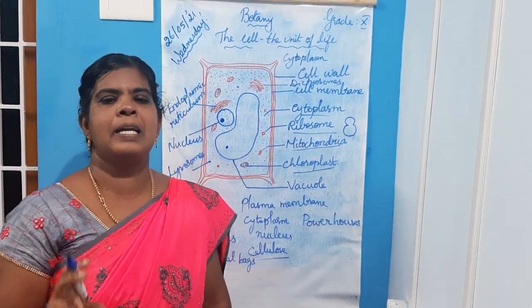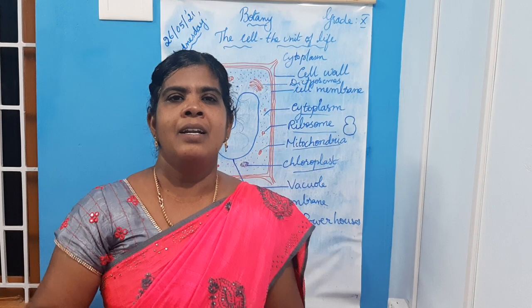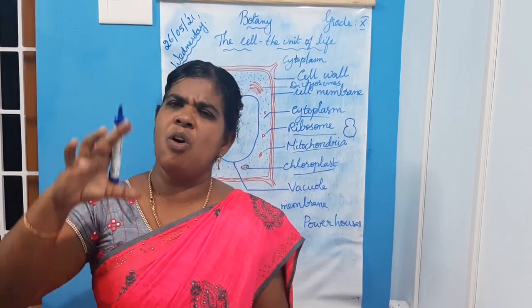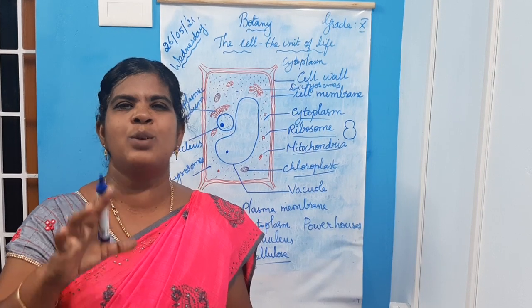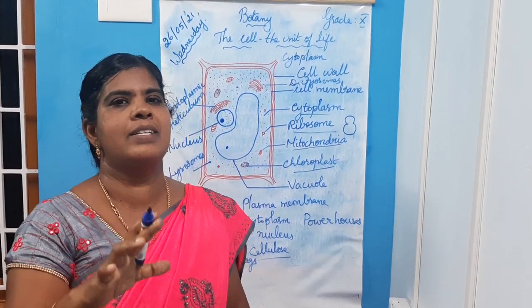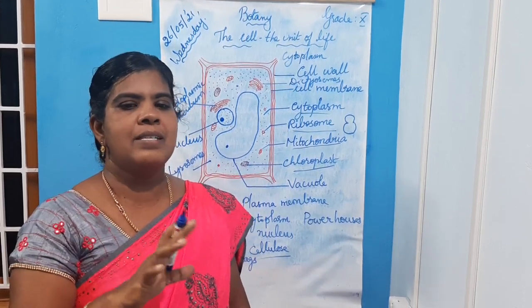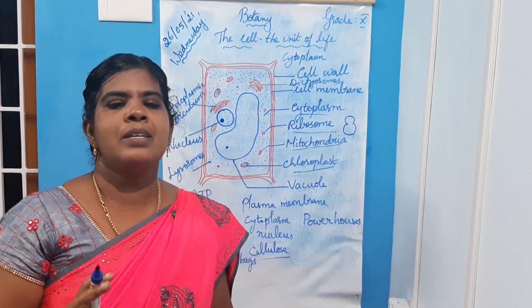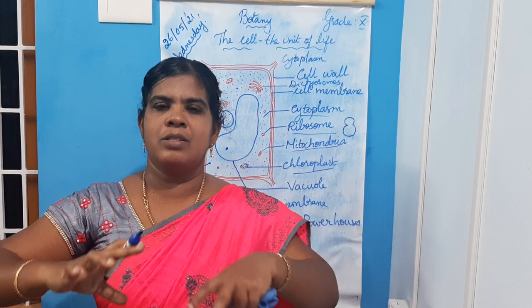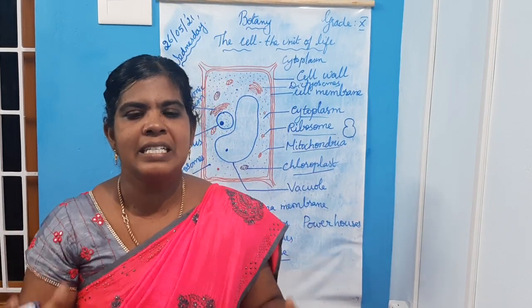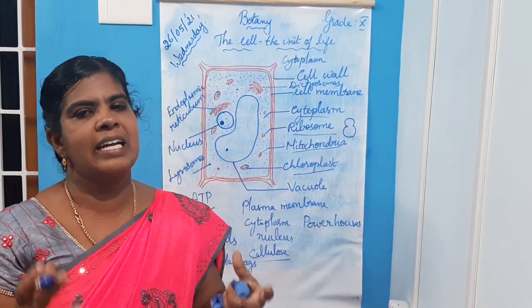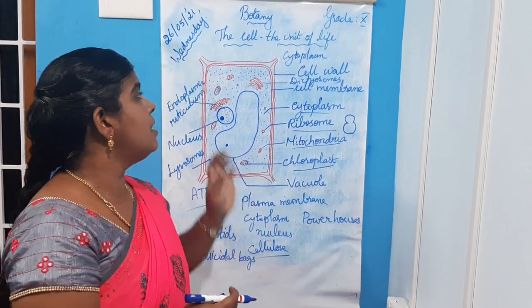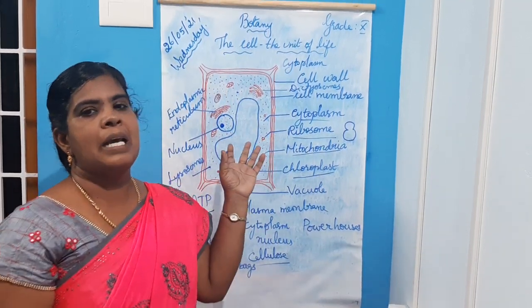This organelle is responsible for all the cellular activities, so it is the controlling center of the cell. It also stores the genetic or hereditary information. Okay, this is about the structure of the plant cell.